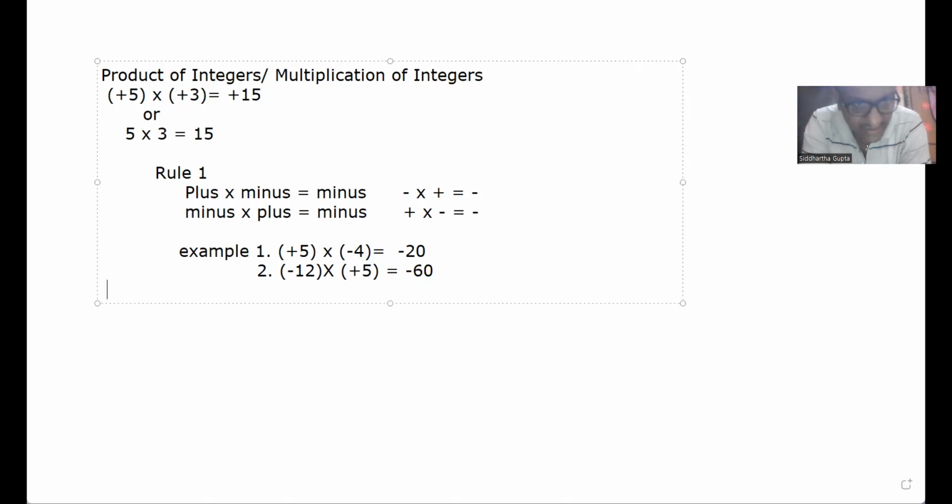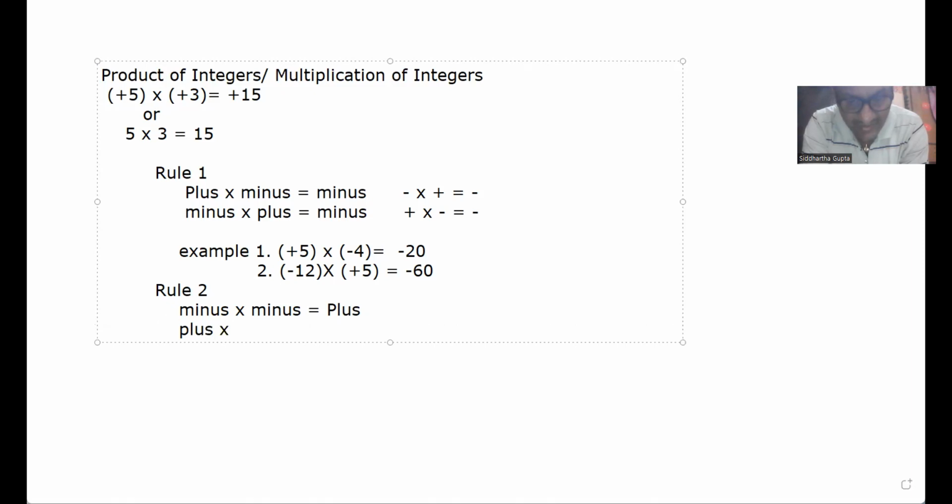And the second rule, rule number 2, says that when minus is multiplied by minus, it will become plus. Similarly, when plus is multiplied with plus, it eventually gives plus.